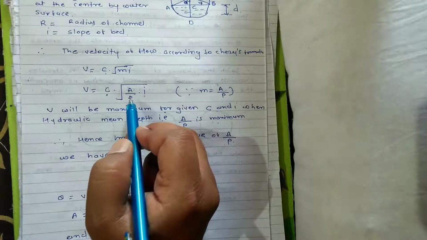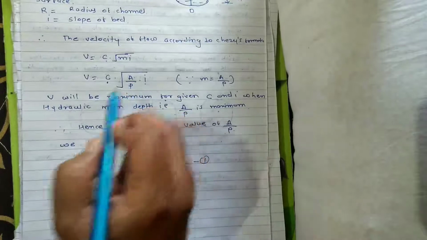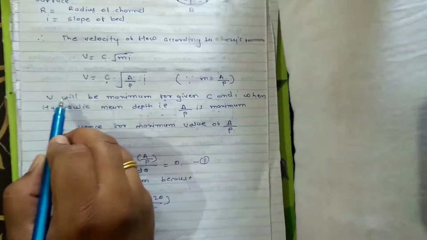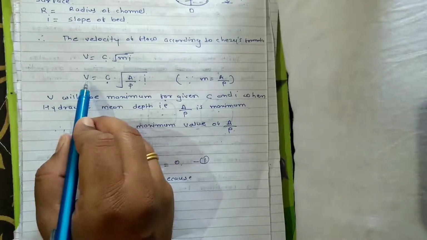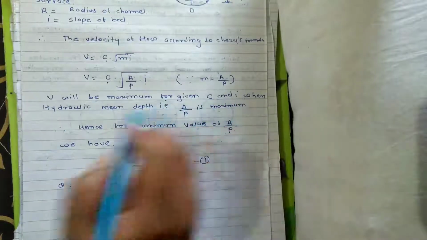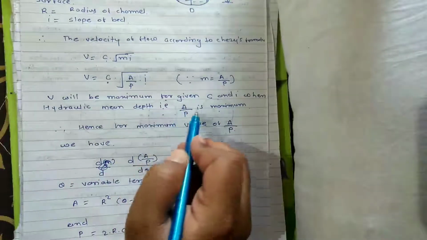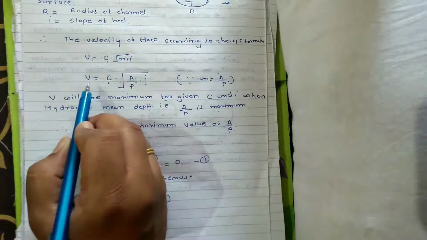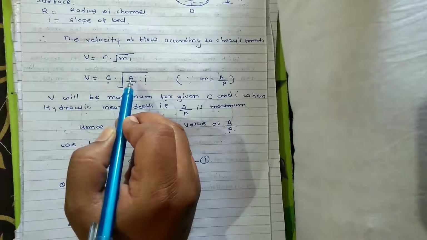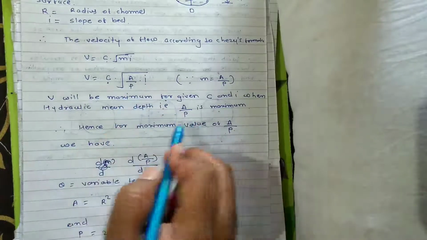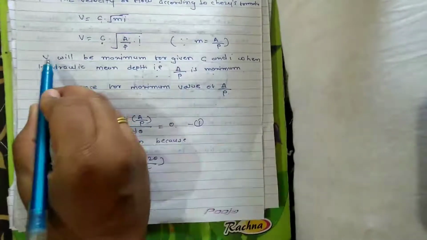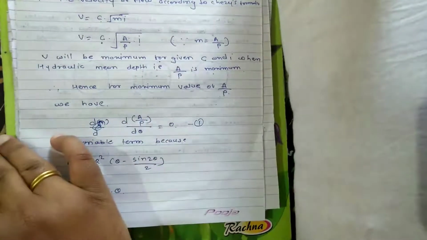So the velocity of flow depends upon this ratio A by P. So when will V be maximum for a given C and i? When the hydraulic mean depth A by P is maximum. Hence for a maximum value of A by P, velocity will be maximum, right?